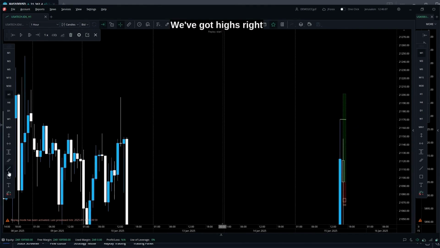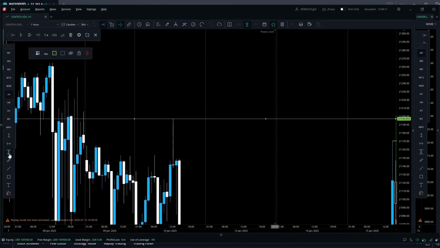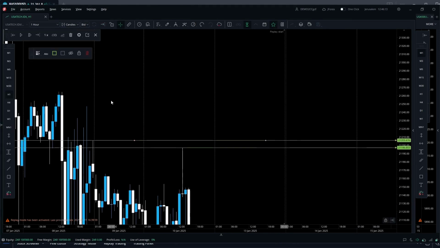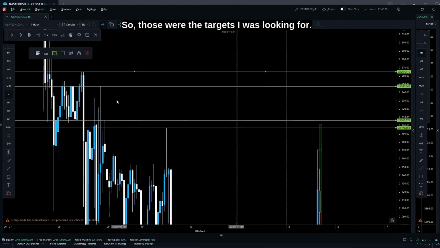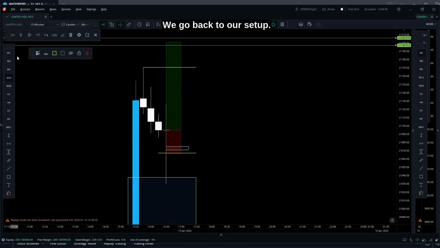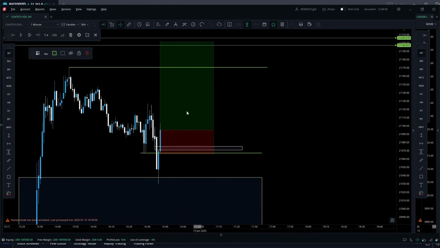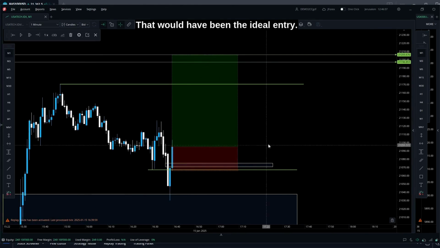We've got highs right here and here, here and here. So those were the targets I was looking for. So you can see, if we go back to our setup, that would have been the ideal entry.